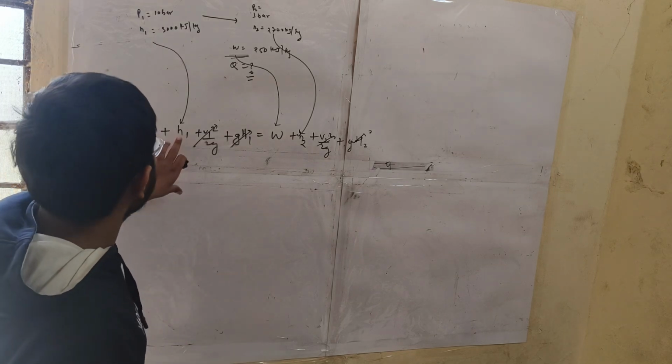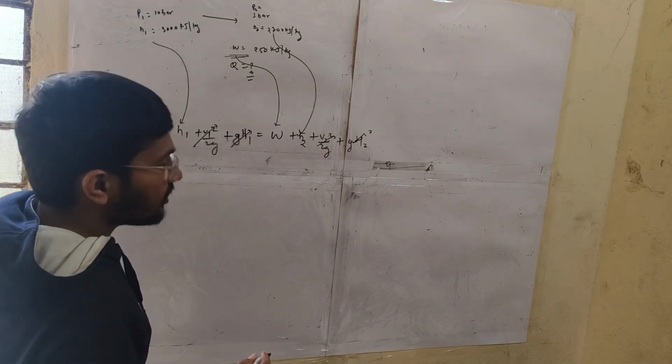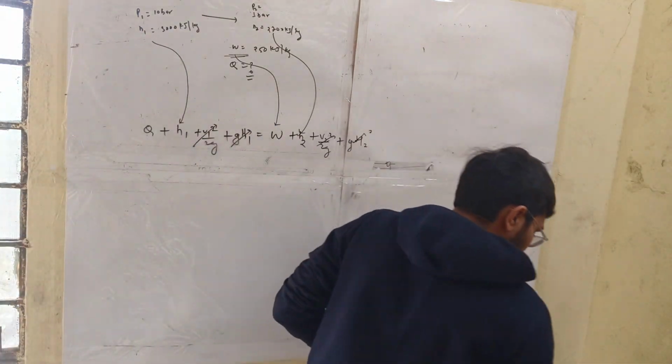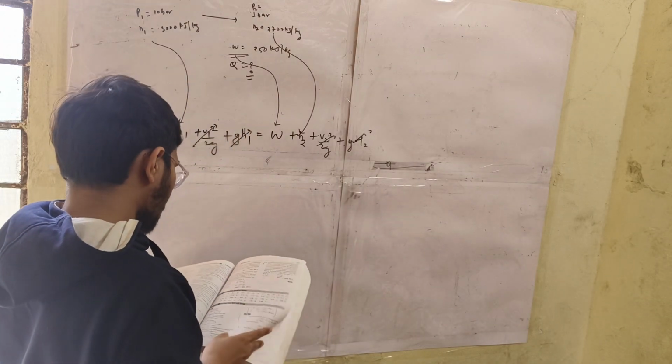So basically we know this and this, and easily you can find Q. This is a simple question, and the answer is found by a simple procedure.